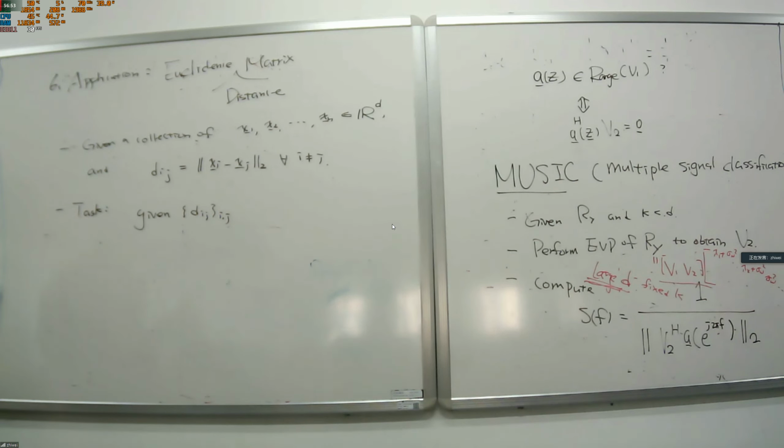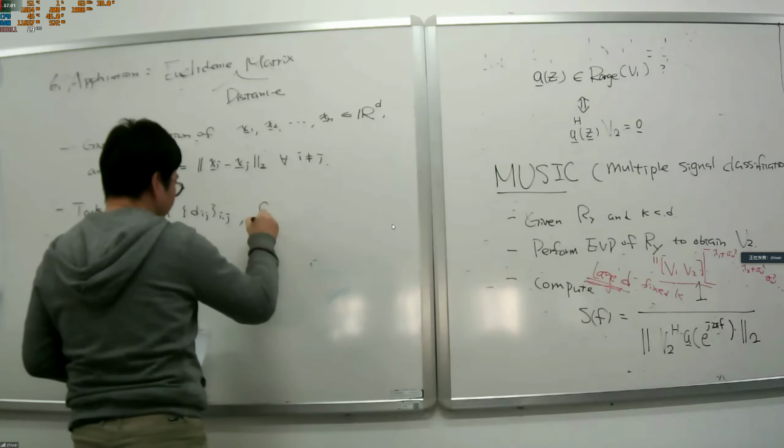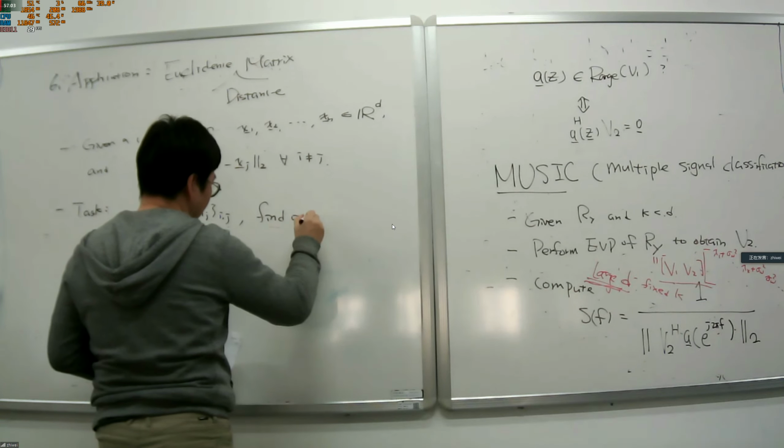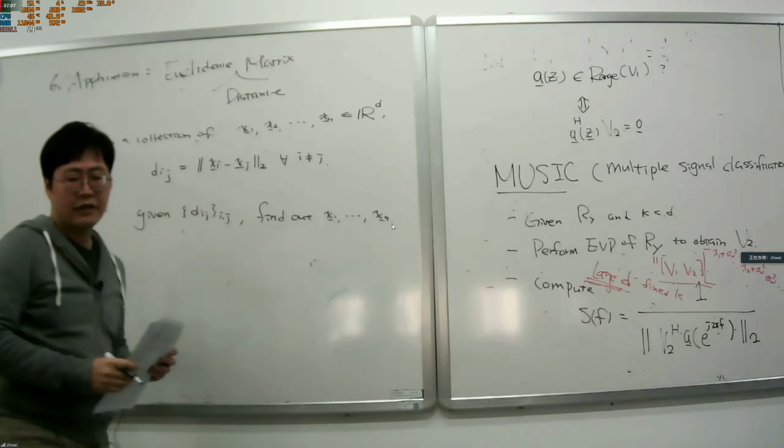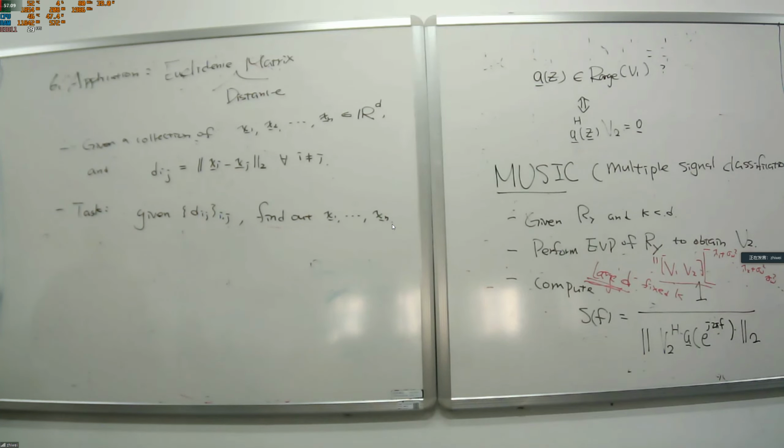We know there are n points, and we know the interdistance between any of them. Then we want to find x1 to xn.